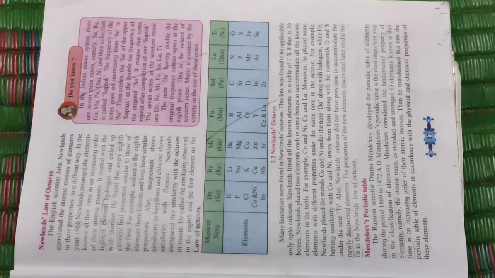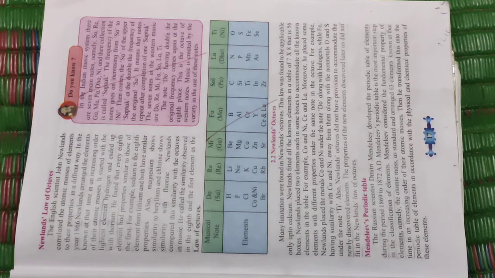His arrangement started with the lightest element, hydrogen, and ended with thorium. Newlands placed the metals cobalt and nickel under the note Do, along with the halogens, while iron, which is similar to cobalt and nickel, was placed away from them. The properties of new elements discovered later did not fit in Newlands' law of octaves.